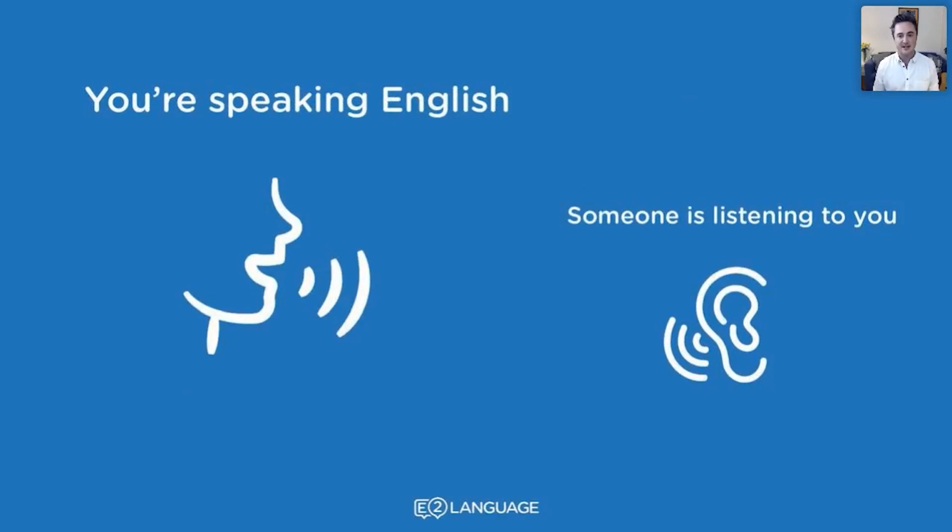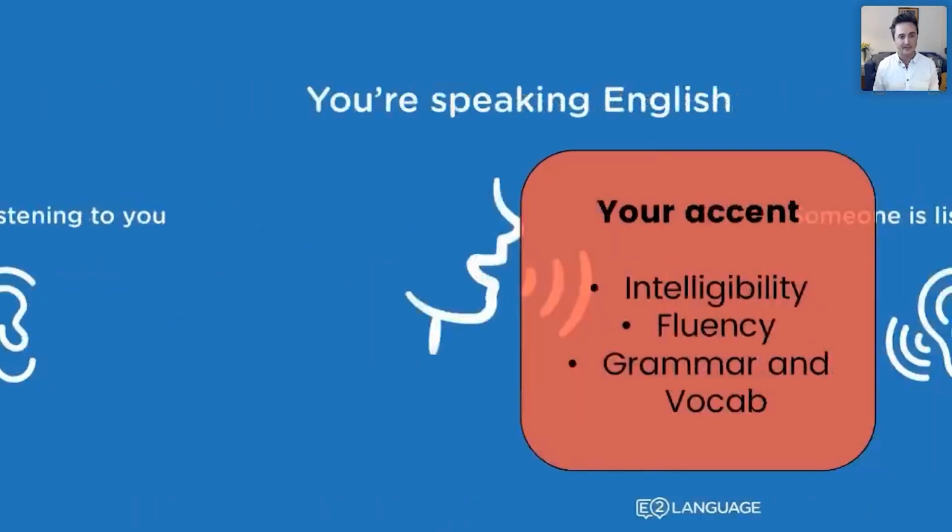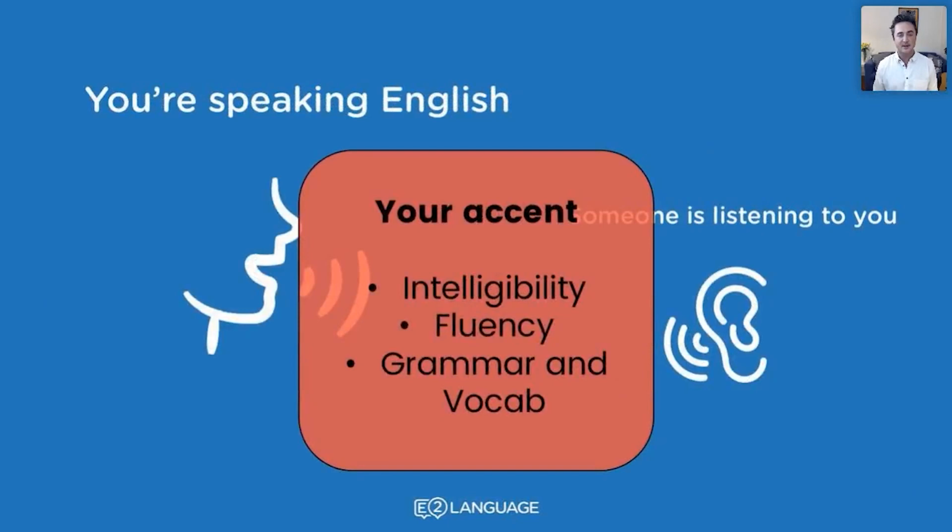So let's imagine that you're speaking English and someone is listening to you. And let's think about all of those influences from your first language when that's happening. So your accent is comprised of various elements, okay? So one is called intelligibility. It's also comprised of fluency, grammar and vocabulary.